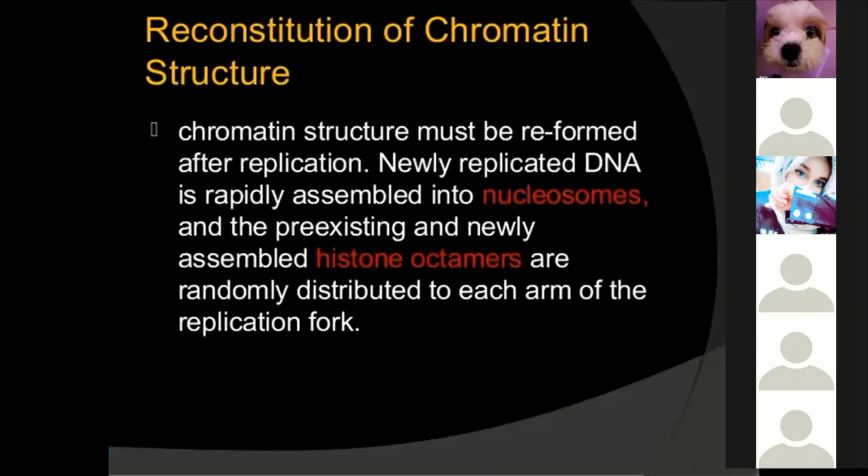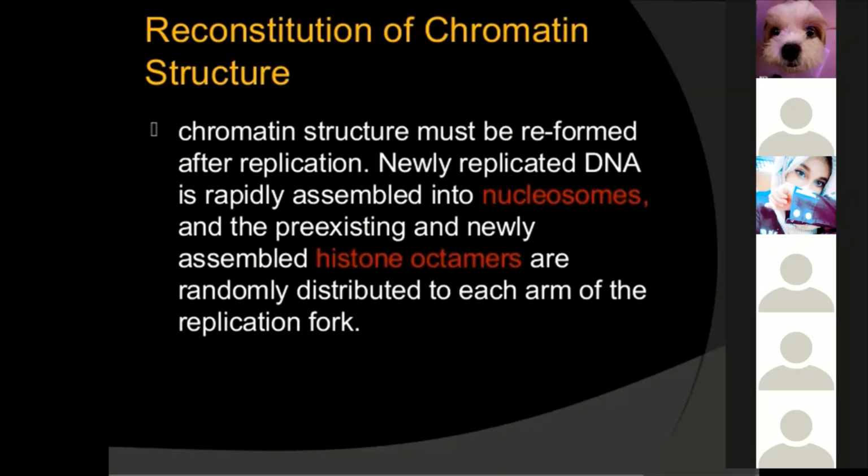So the chromatin structure must be reformed after replication. Once replication is over, the chromatin has to be reformed. The newly replicated DNA is rapidly assembled into nucleosomes, because at the time of synthesis, when DNA replication is taking place, the nucleosome structure goes off, and there is single stranded DNA, and all the histones are removed from that.